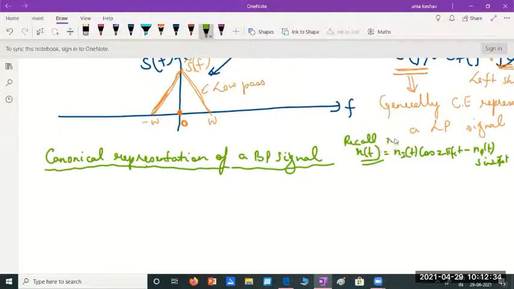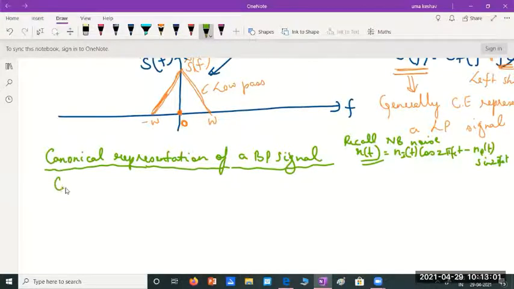The narrowband noise signal was represented in canonical form as n of t cos 2 pi fct minus n of t sin 2 pi fct. Something similar to this representation is exactly what we are going to derive.